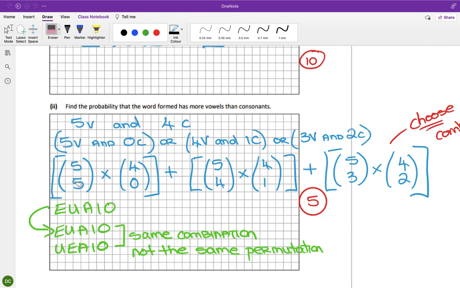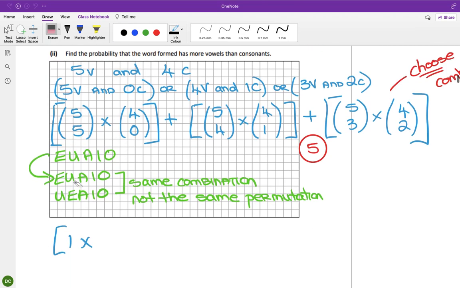Okay. So what I think we need to do is figure out what this is. So 5 choose 5 is 1 and 4 choose 0 is 1. So that first bracket is 1 times 1, which is obviously 1. But we need to multiply that by how many ways you can arrange 5 letters, which is 5 factorial. Second one is going to be exactly the same. So 5 choose 4 is 5, and 4 choose 1 is 4, and 4 times 5 is 20.